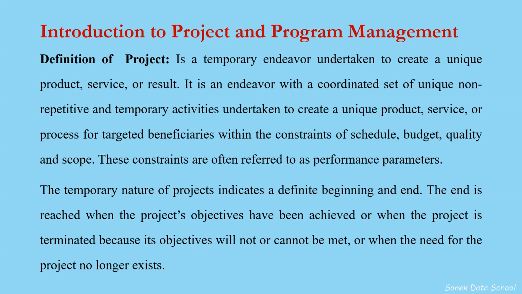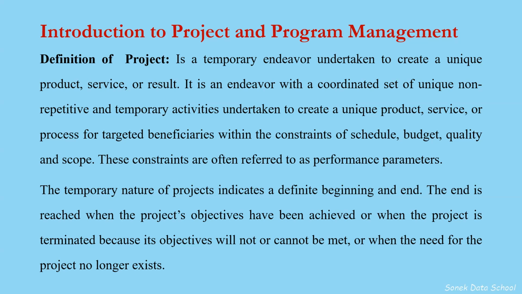And as we do this, there is somebody we are targeting, the beneficiary, the client, the customer. There is somebody who should benefit. And as we do this, we work within the constraints of time, or what we call schedule.